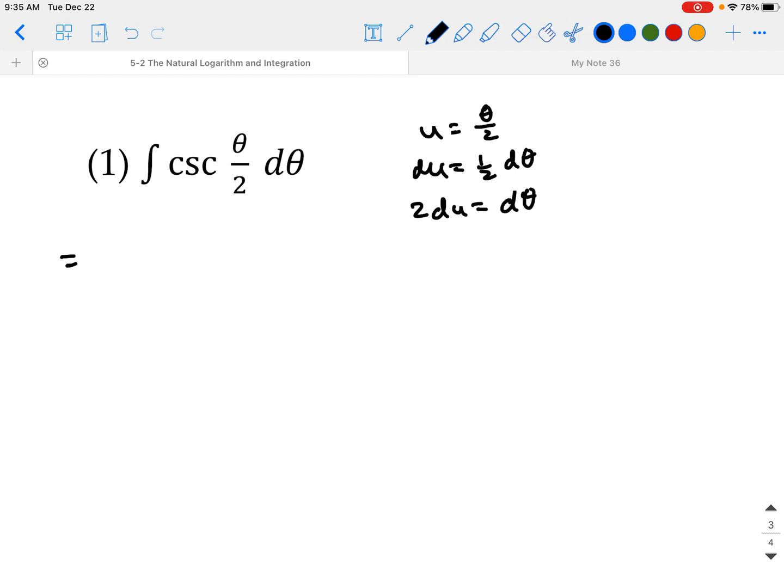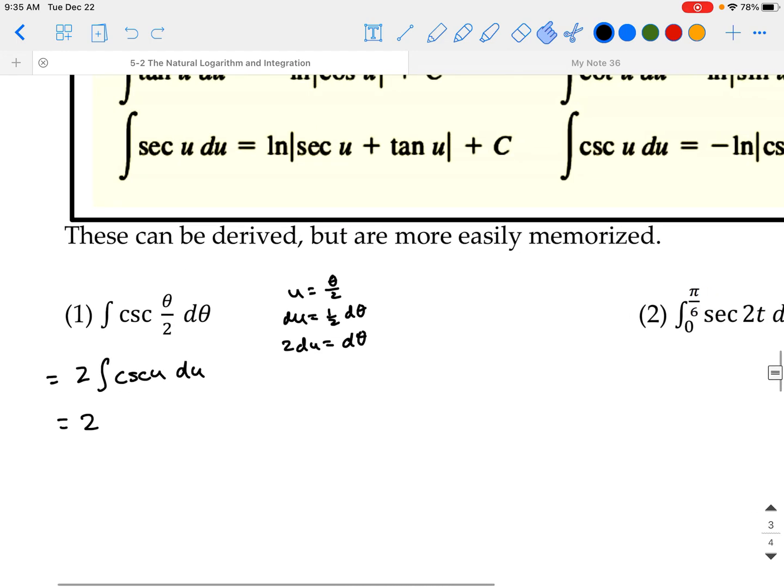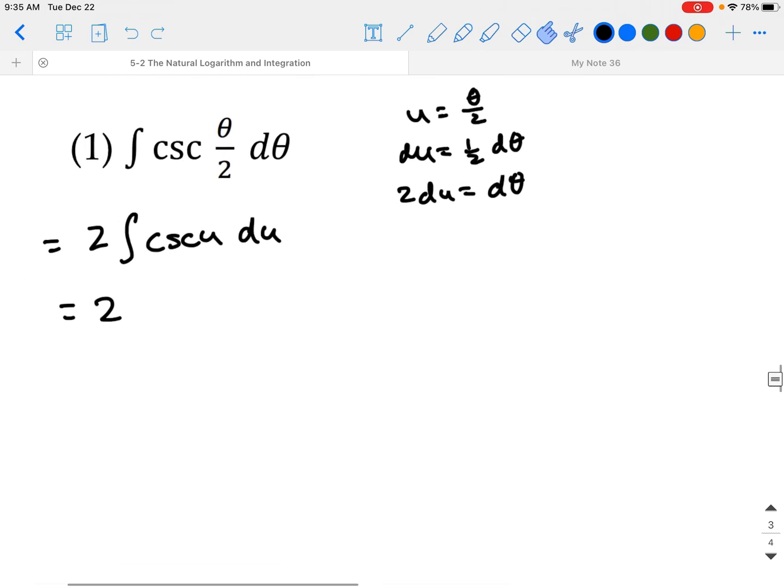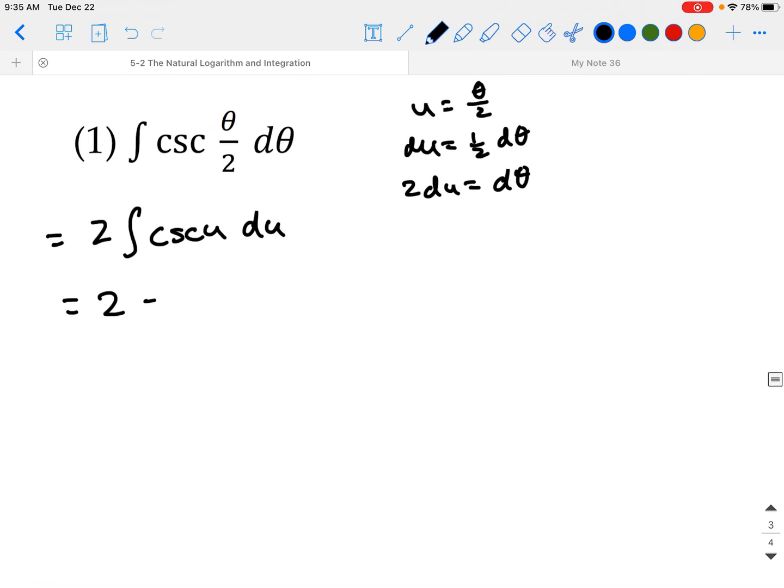So we can substitute this as 2 times the integral of cosecant u du, which is going to be 2, and now the integral of cosecant is going to be the natural log of cosecant plus cotangent. Plus c.